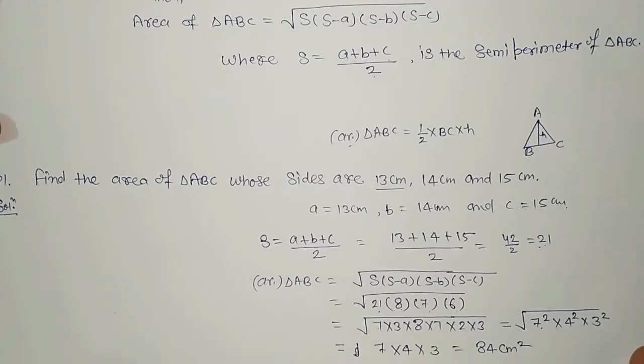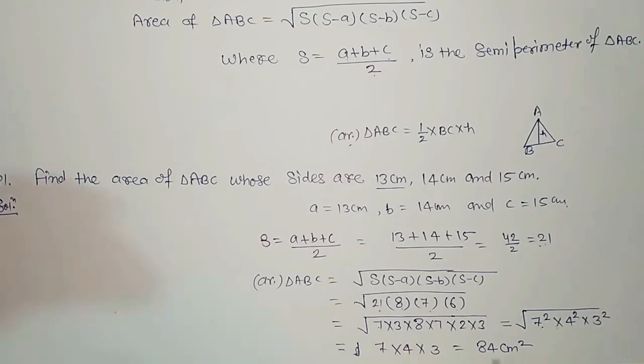Then take the root. Now solve again: 7 into 4 into 3 equals 84 cm square is the answer to this question. The area of the triangle is 84 centimeter square. This is the answer. Thank you.